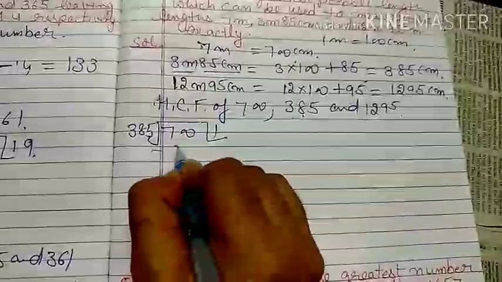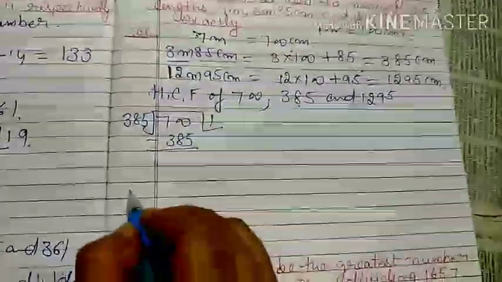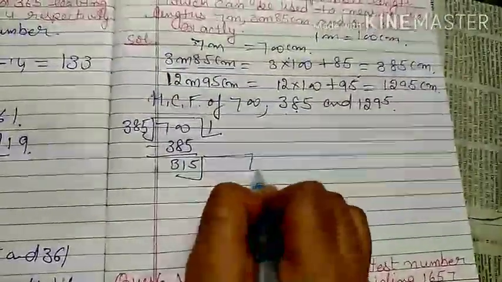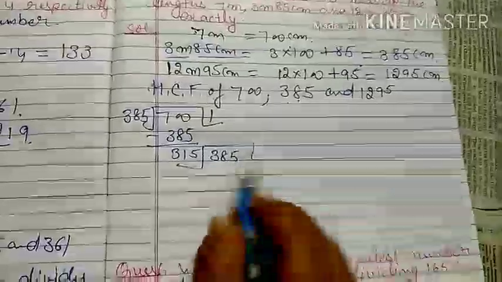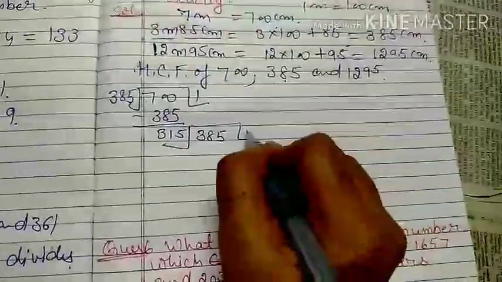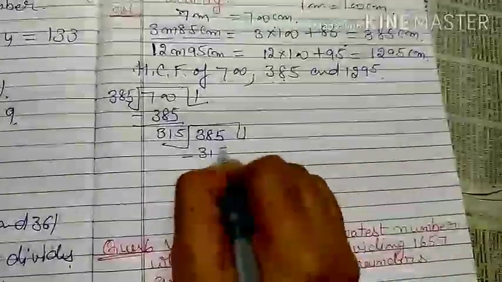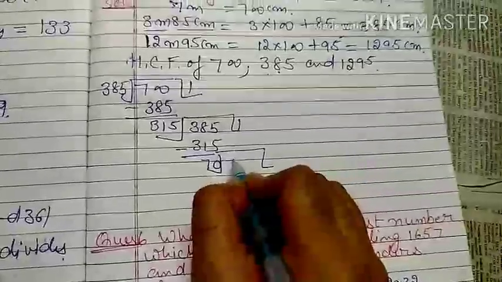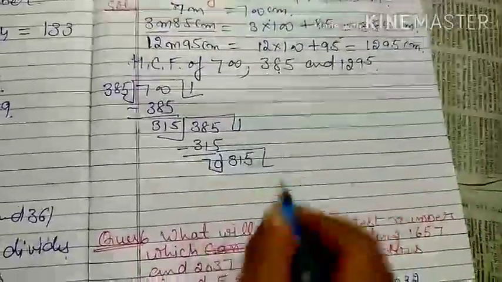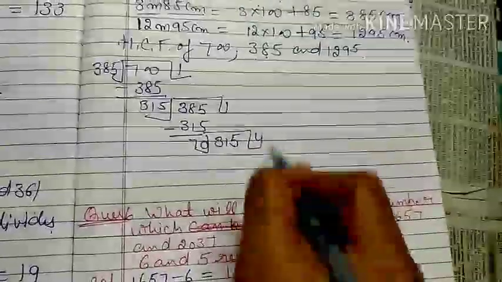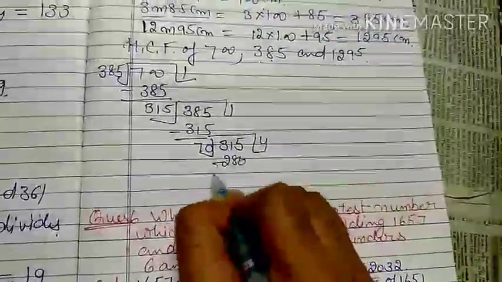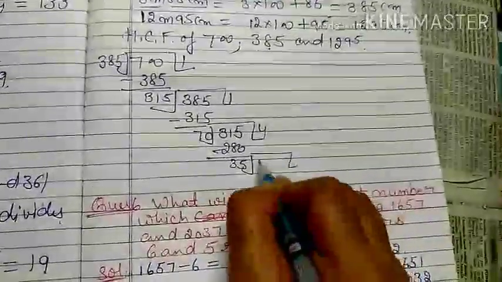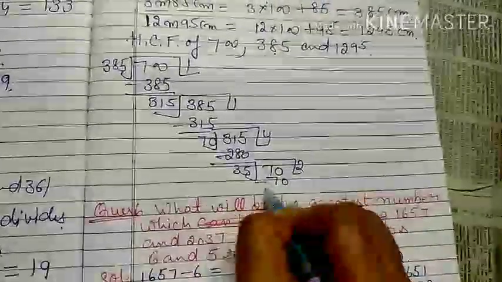First it goes 1 time, gives me 385. 700 minus 385 gives me 315. Now 385 divided by 315, first it goes 1 time. After subtraction it gives me 70. Now the remainder 70 becomes the divisor and the last divisor becomes the dividend. Now it goes 4 times, gives me 280. After subtraction this is 35, and 35 twos are 70.